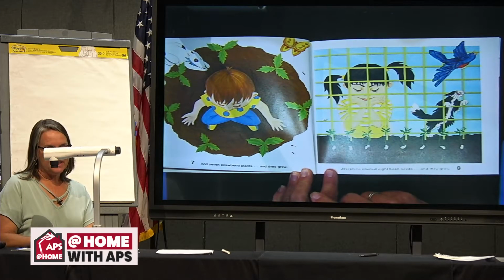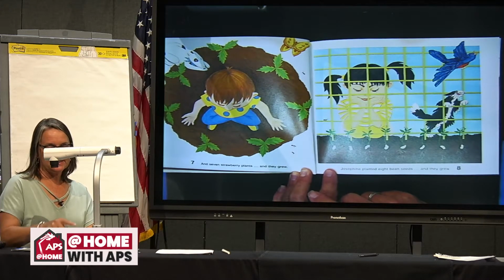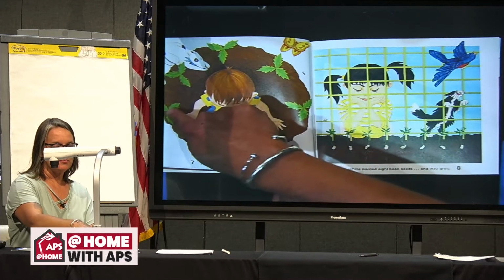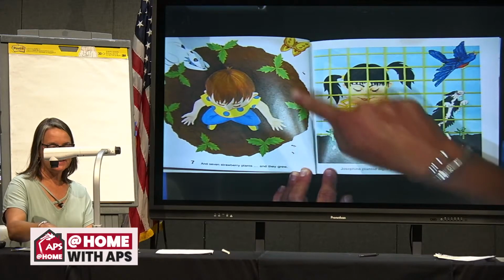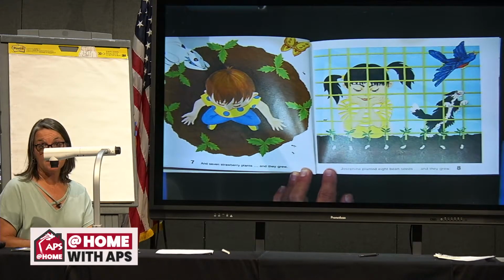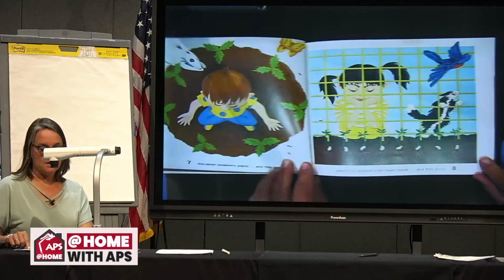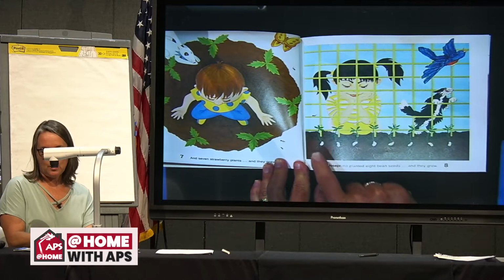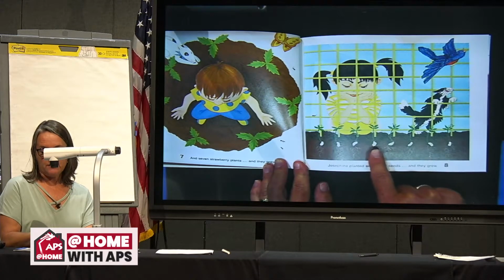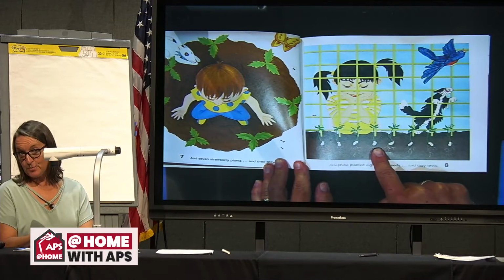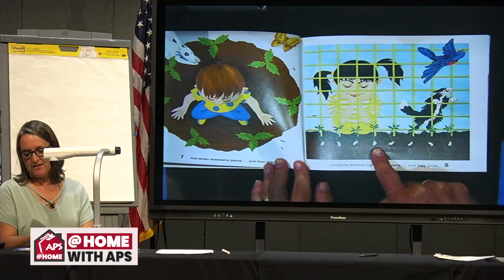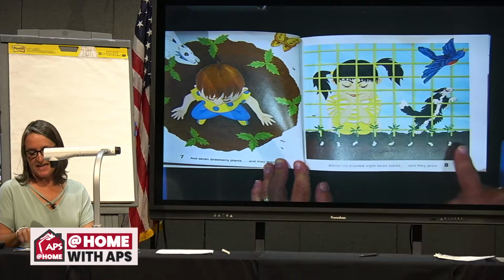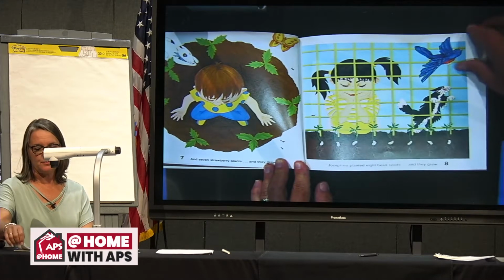And 7 strawberry plants. 1, 2, 3, 4, 5, 6, 7. And yep, they grew too. Josephine planted 8 bean plants. 1, 2, 3, 4. How many more to count? 4 more. 5, 6, 7, 8. And they grew.